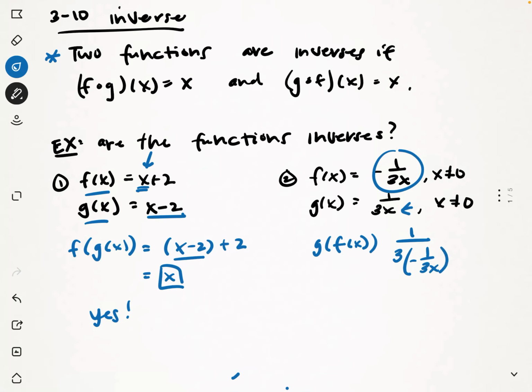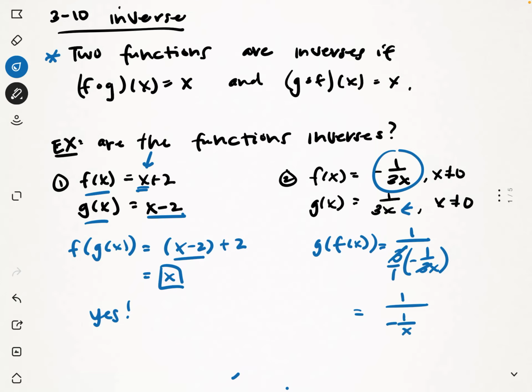At this point, we can simplify it. The 3 and the 3 cancel out. We could write that as 3 over 1 for those of you who like it that way. So then we have 1 over x negative.